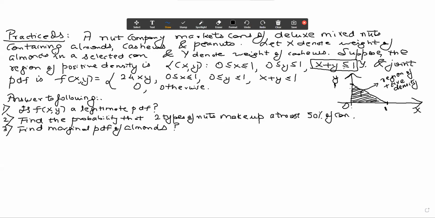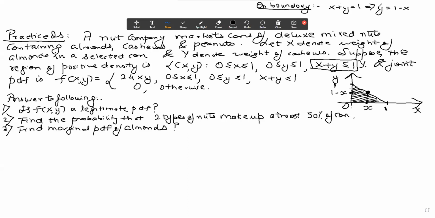That means if I take a point on the boundary, and this point denotes x here, then this will denote 1 minus x here. Because if x plus y is equal to 1 on the boundary, y is nothing but 1 minus x. So this point corresponds to x comma 1 minus x.